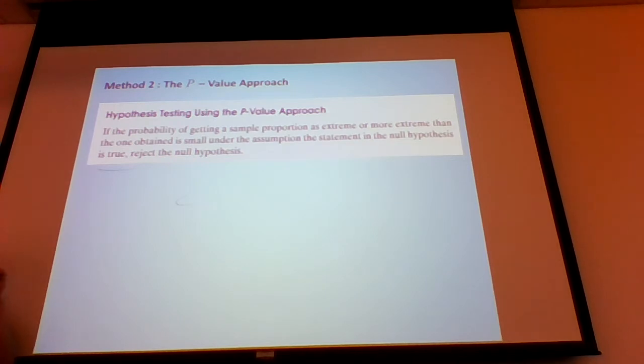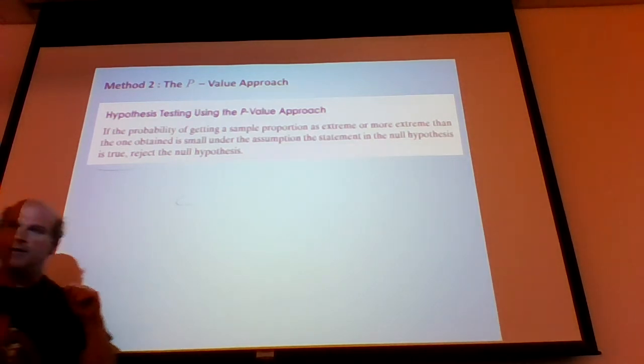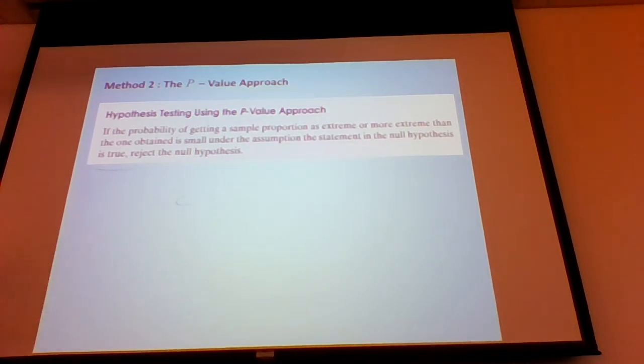So since 0.1 is smaller than 0.2, then you reject the null hypothesis.